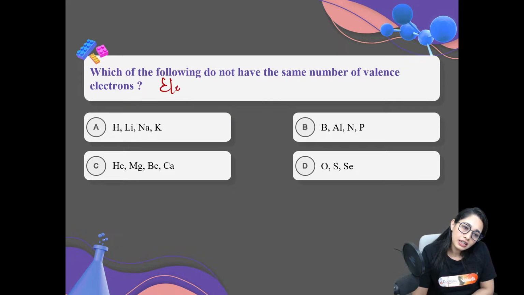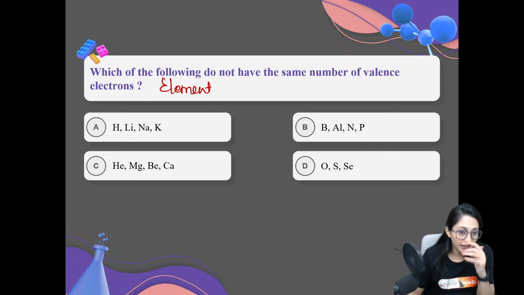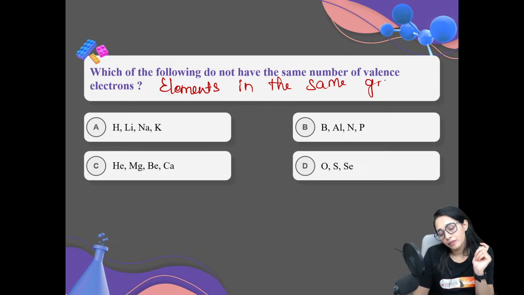This is something that you will be studying in periodic classification of elements, how valency or radii is going to change. Elements belonging to the same group will have the same number of valence electrons or valency.